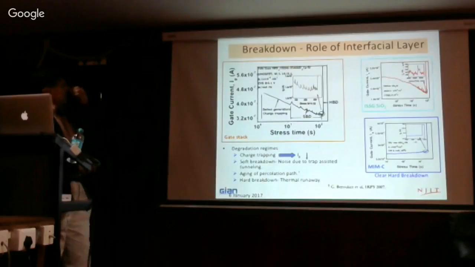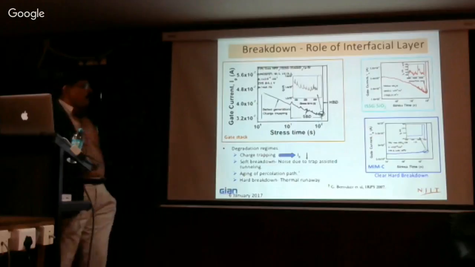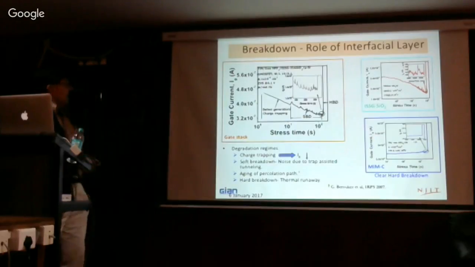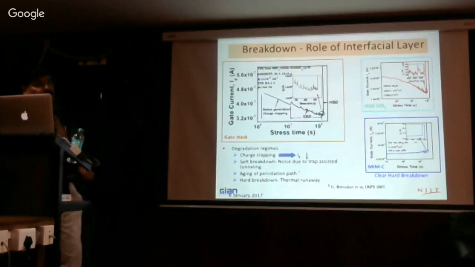And then if you look at the breakdown, we'll go through the breakdown process in more detail tomorrow. But when you break down, what happens is you measure the leakage current in a stop and measure. First of all, the defect generation and charge trapping, this will start going down. And then this peaks and starts with the soft breakdown.